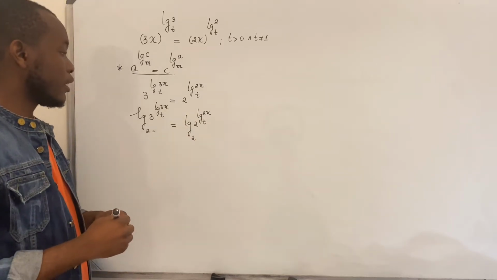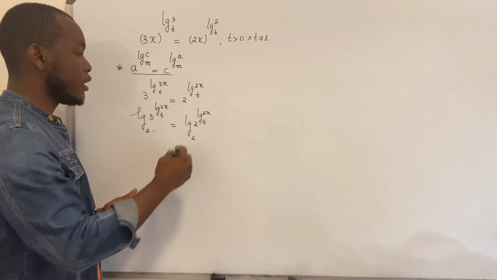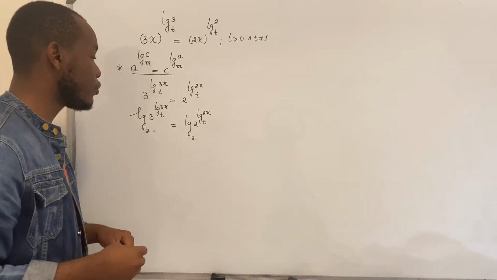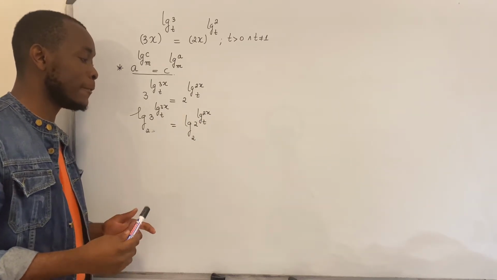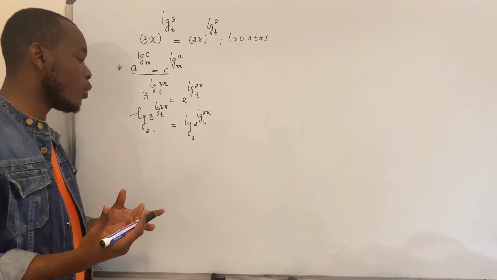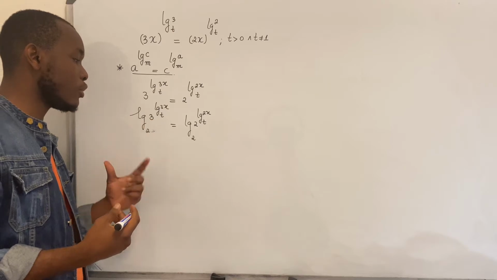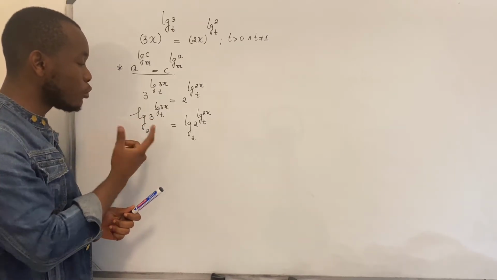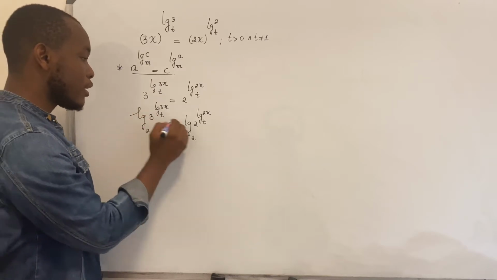Okay, but we can check that when we send this exponent to the back multiplying, log of 2 to the base 2 will simply be 1. But here log of 3 to the base 2 won't be 1 because the argument is not the same as the base.